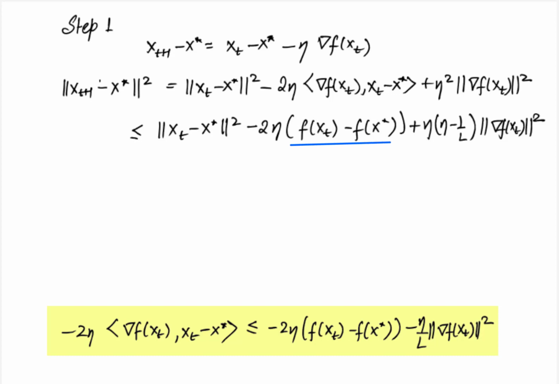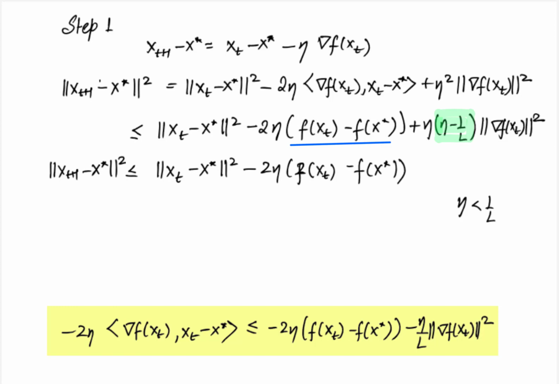Suppose that we assume that eta is less than 1 by L, then the last term, which contains eta minus 1 by L as a factor, becomes negative. So we can drop that entire term because it is negative on the right hand side, and we will have the bound xt plus 1 minus x star norm square less than or equal to xt minus x star norm square minus 2 eta times f of xt minus f of x star.